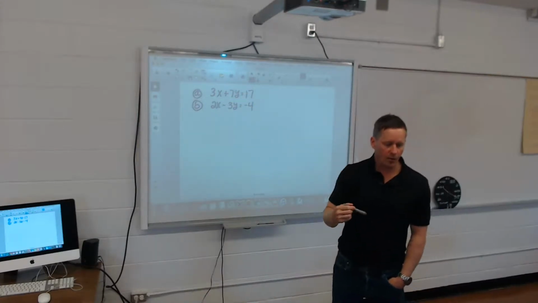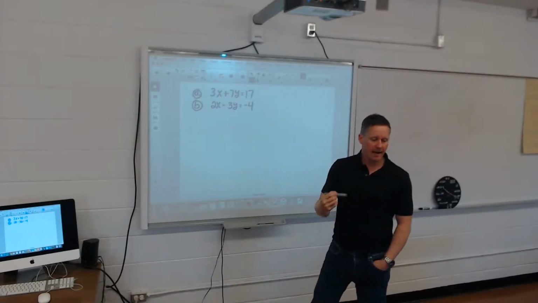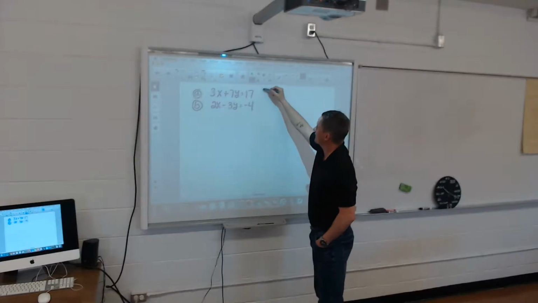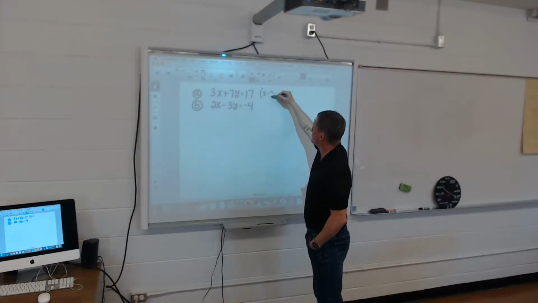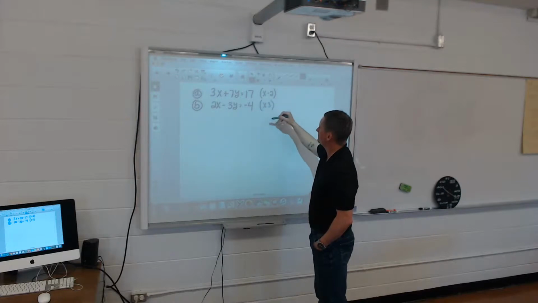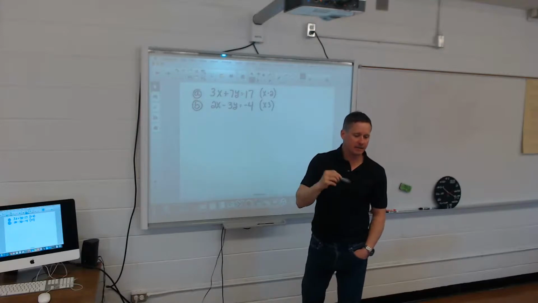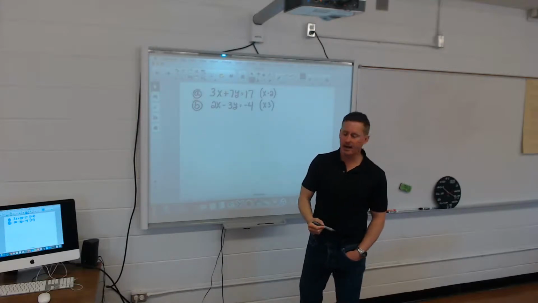So that's one way to get the numbers to match. And I'm going to also make one of them a negative. So what I'm going to do is times this top one by -2, and times this bottom one by 3. Okay, that's going to give me a -6 and a +6 so that the x's are going to cancel.